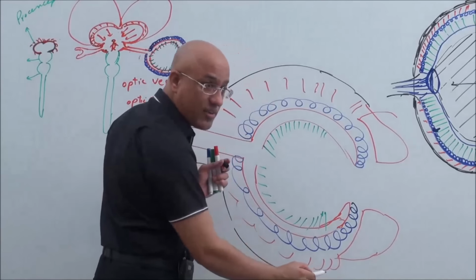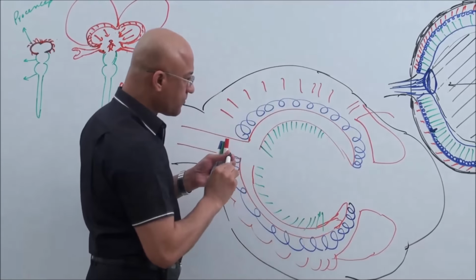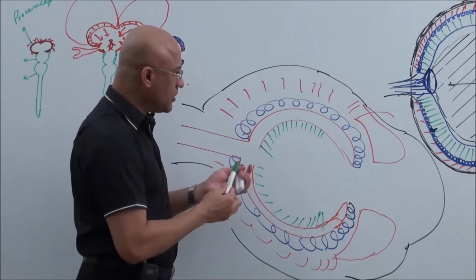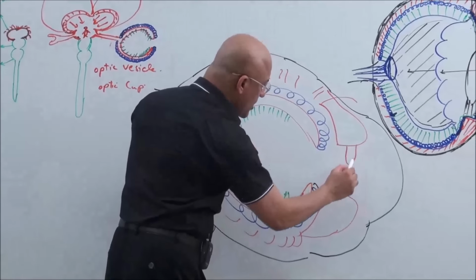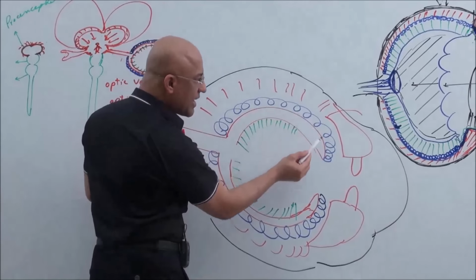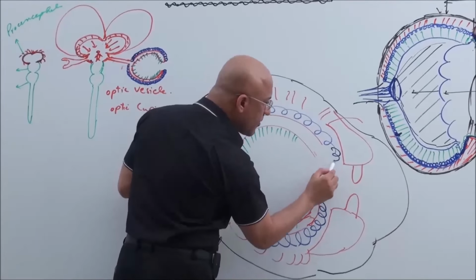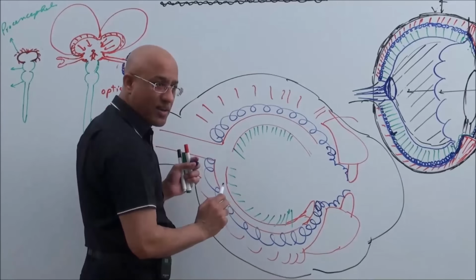Sclera. Is that right? This is developing, and cornea here. Now, you can see that, and here is of course what? Your iris. This layer continues up to here, and this also continues up to here.